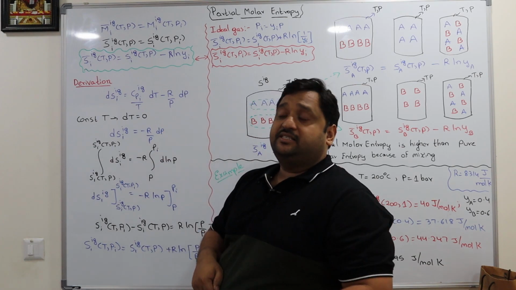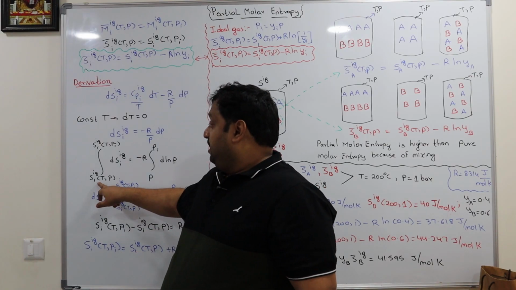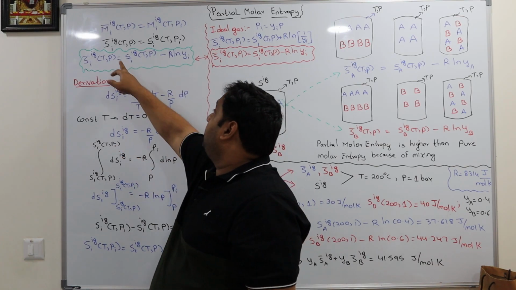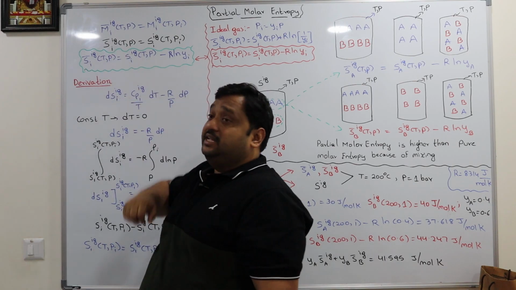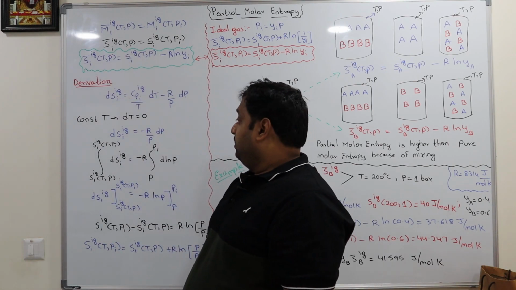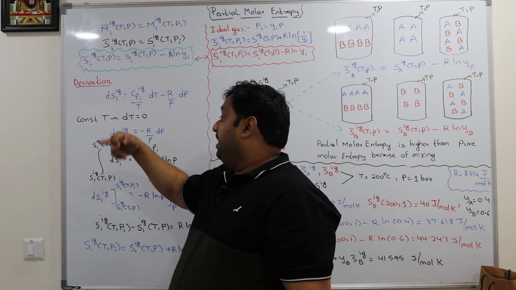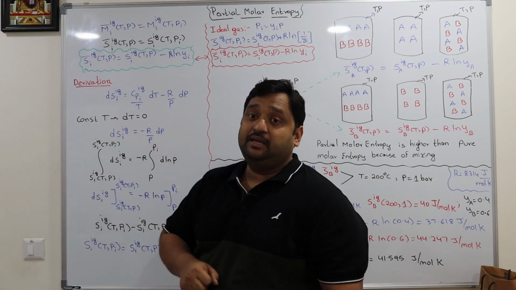Let us integrate this term from total pressure P to Pi, because here we are interested in P to Pi. So let us integrate the entropy from the initial state, at temperature T and pressure P, to the final state, at T and Pi. P is the total pressure, Pi is the partial pressure.